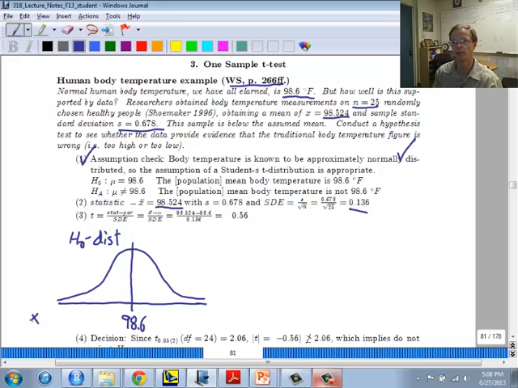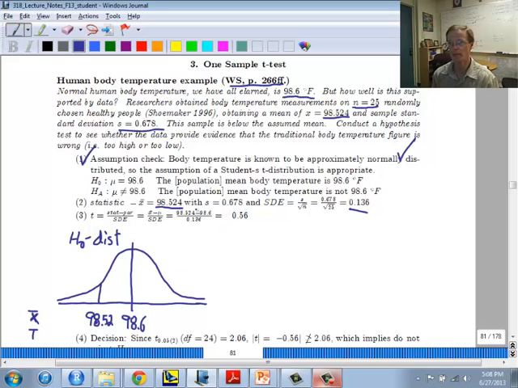So this here is the level of the sample mean. We have a t level as well. We get 98.524, so we'll go ahead and put that down here, 98.52. And what's the t statistic turn out to be?